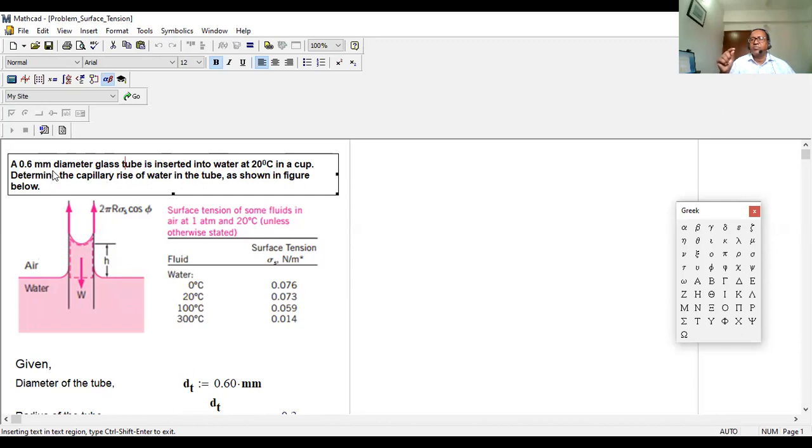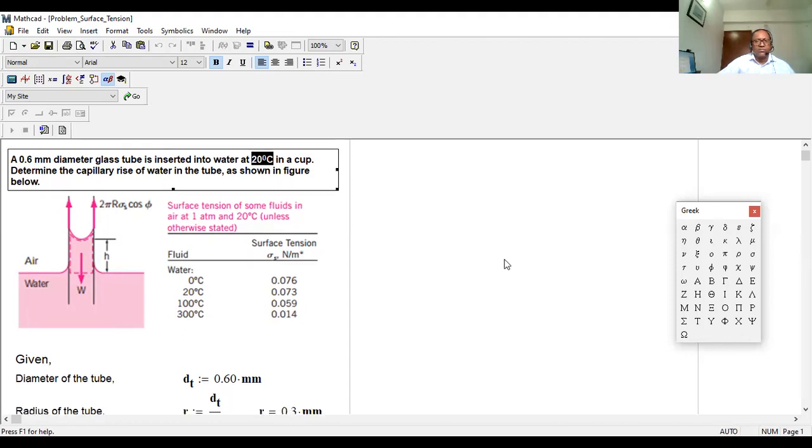Very small tube, right? They inserted it into water in a cup, and the water temperature is 20 degrees Celsius. Determine the capillary rise of water in the tube. So a very fine tube, that means a small tube, inserted in the water, then you will be able to see that water is rising, or this height over here you are getting.